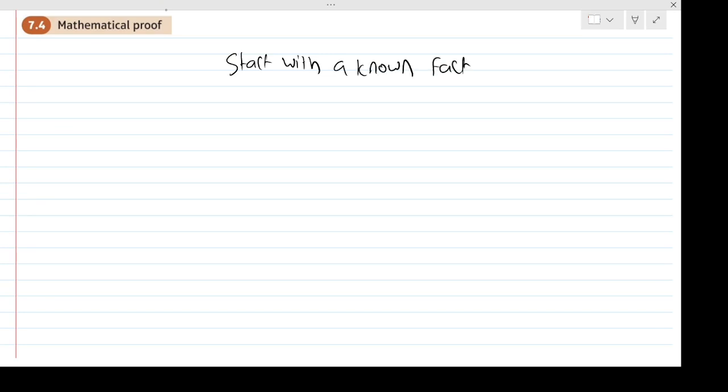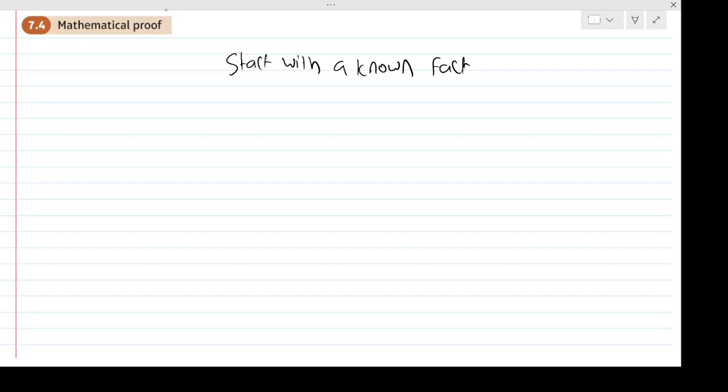That could be, for example, that 2 is an even number, and then prove, say, that 2 squared is even, or something like that. But we start with a known fact, and you'll see examples of what I mean by this in a second.